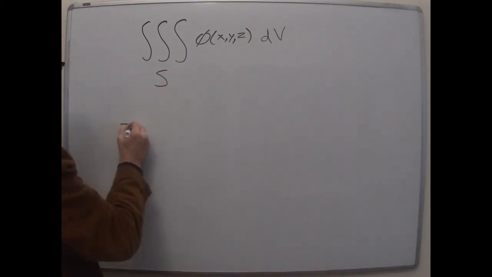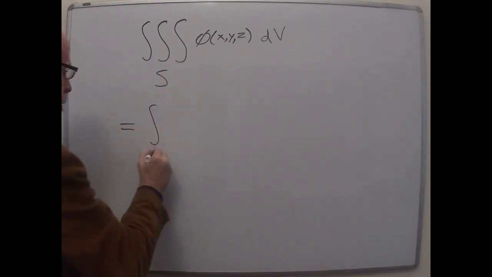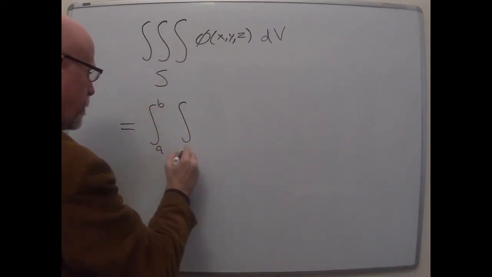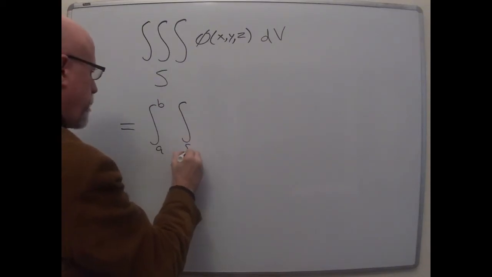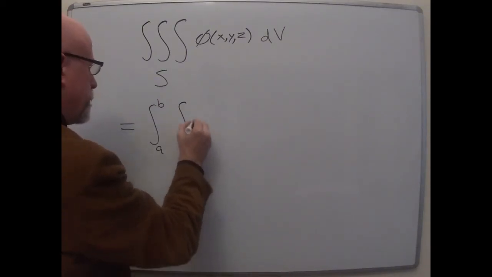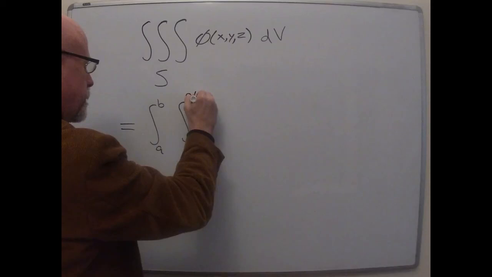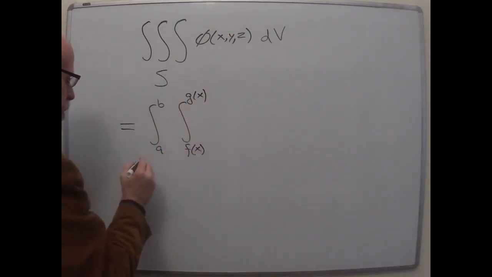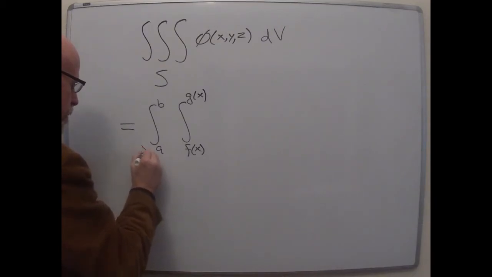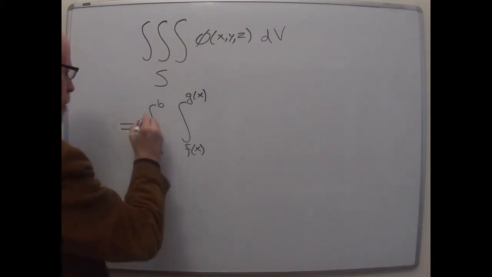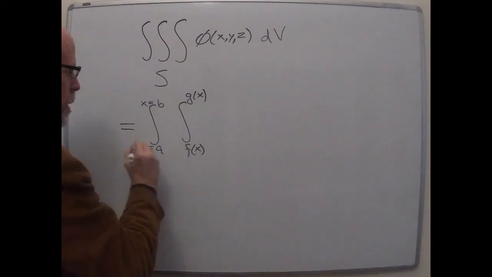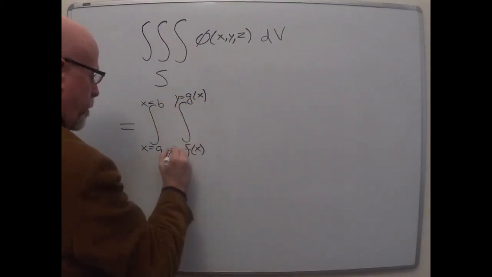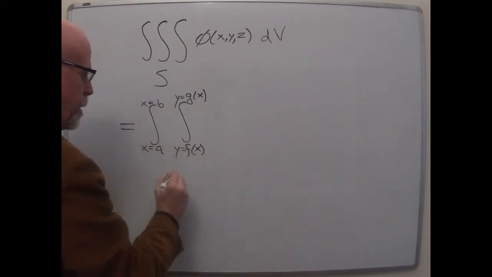When you go to calculate, you have to have limits in iterated integrals, and that's going to look something like this. I'm going to add in some extra decorations just to make it clear what's going on. This is x values, x from a to b. These functions are actually y values. So y is going from f of x to g of x.